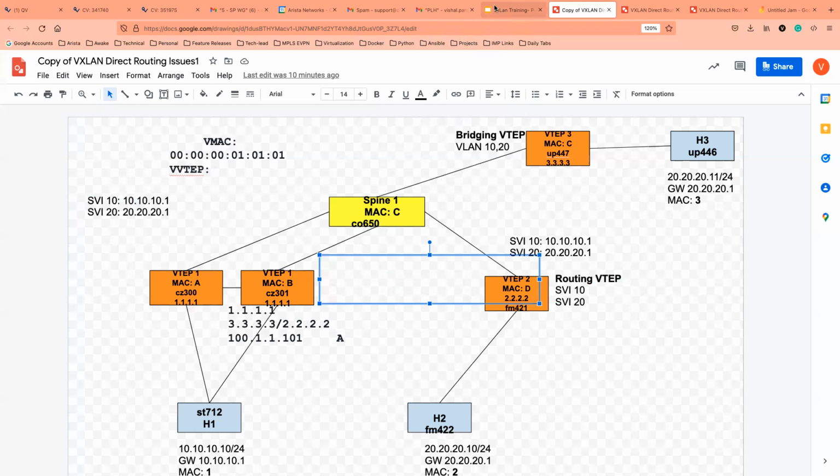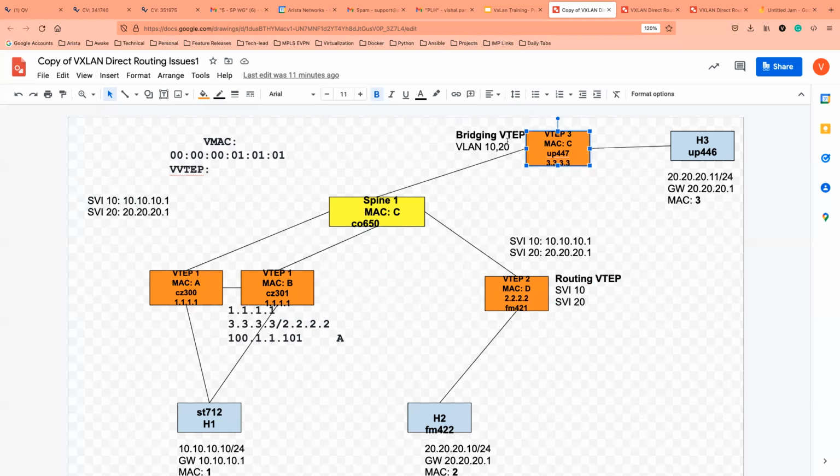Okay. So any question? Hey Vishal, you said all the VTEPs need to learn the ARP. If VTEP 3 is not a routing VTEP, all the VTEPs still need to learn the MACs of the hosts that are local to each other, right?